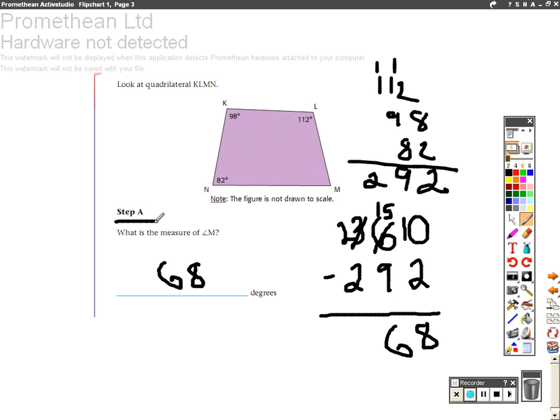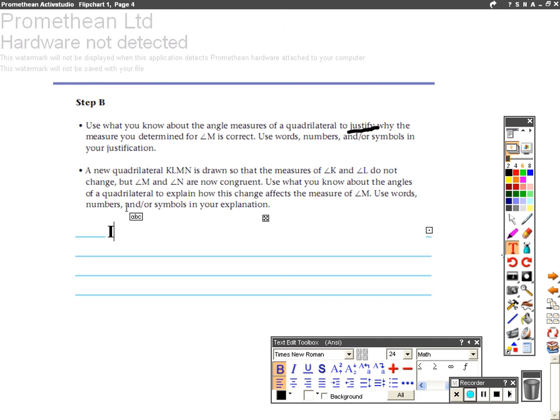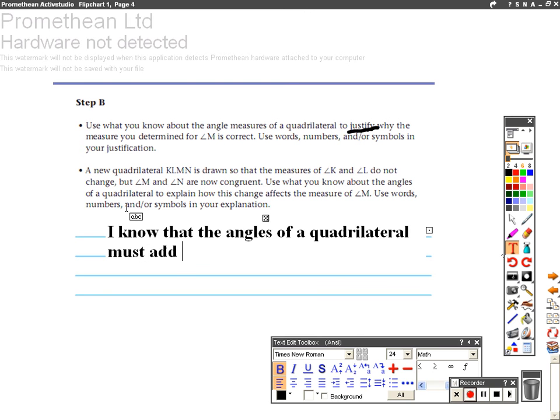I see that there's a step A, which means there's got to be a step B. Step B, use what you know about the angle measures of a quadrilateral to justify why the measure you determined for M is correct. Justify. Okay, what I previously did was explain by showing my work. So now I need to justify. I simply say, I know that the angles of a quadrilateral must add up to 360.